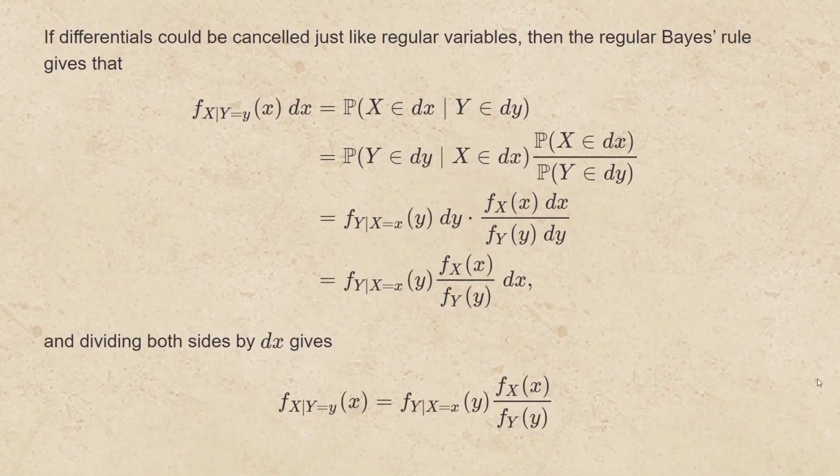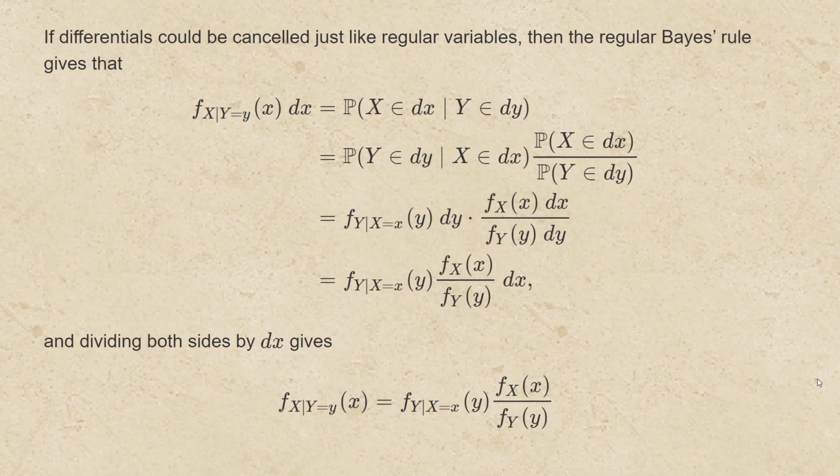If differentials could be canceled just like regular variables, then the regular Bayes' rule tells us that the density of X conditioned on big Y equaling little y, evaluated at x, times dx, is the probability that X falls in the differential element around x, conditioned on Y falling in the differential element around y.